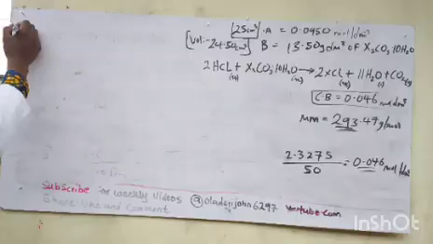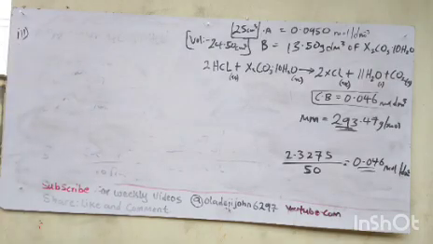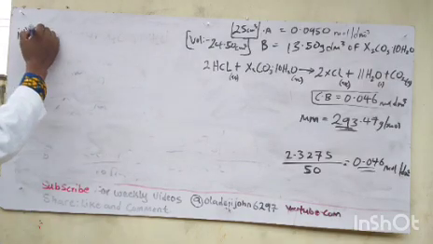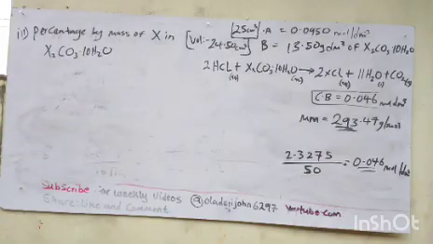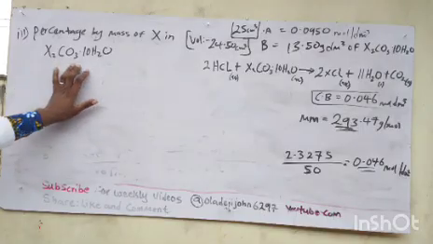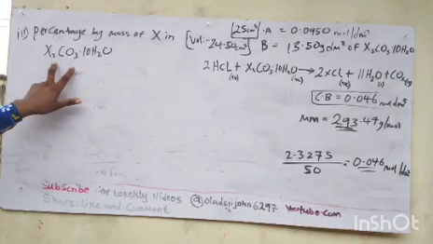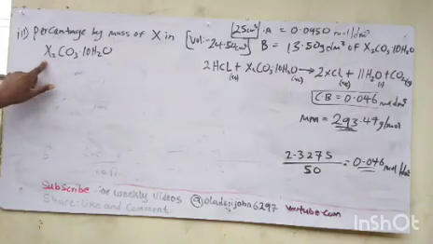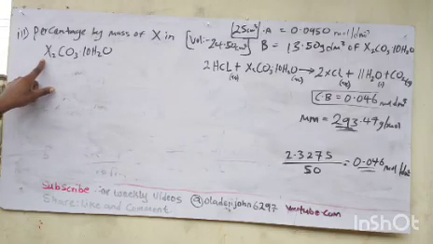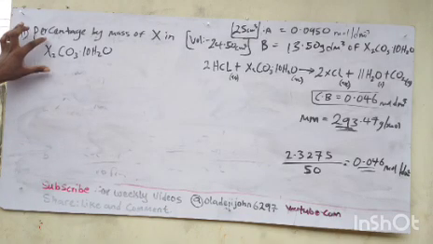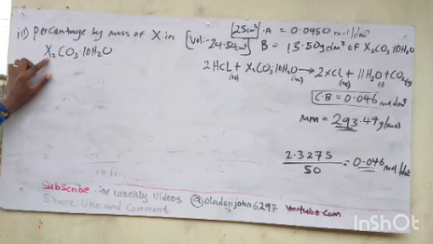Now, Roman figure 3. The question says the percentage by mass of X2CO3 decahydrate. Now, to find out what this is, we must first of all find the value of X. We must first of all find the value of X, then we can now find out what is the percentage.